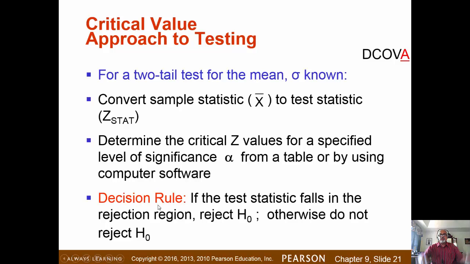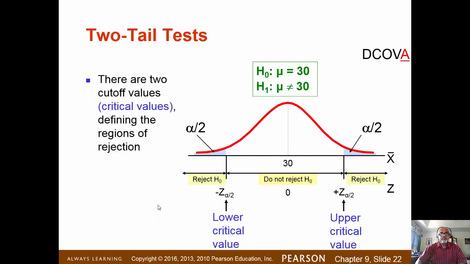That's your decision rule: if z stat falls outside the critical value, reject, otherwise do not reject. So here mu is 30, mu not equal to 30. So the lower critical value and upper critical value, if alpha is 5%, then this is 2.5%, this is 2.5%. Here you'll have minus 1.96 and plus 1.96.